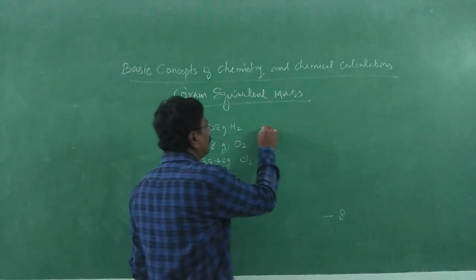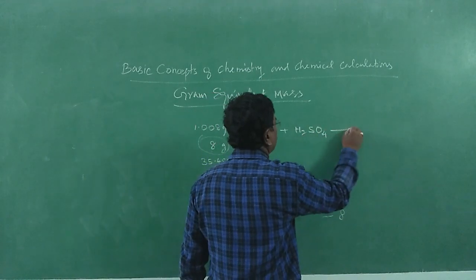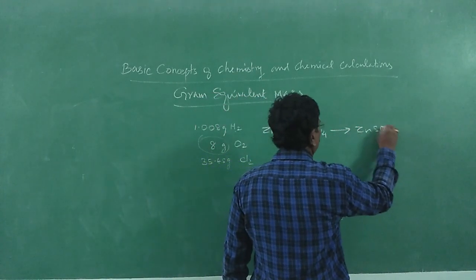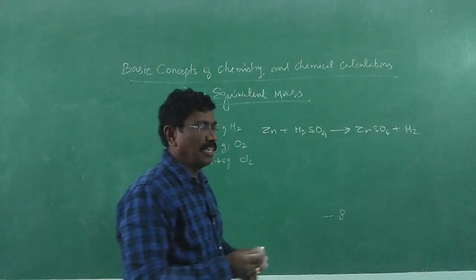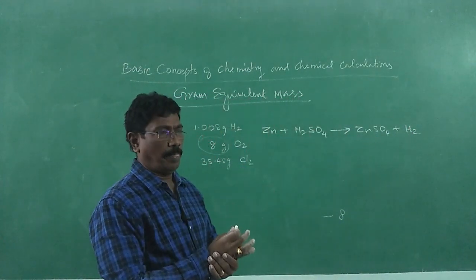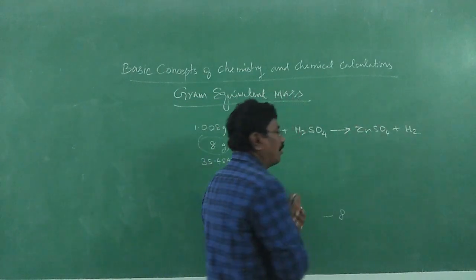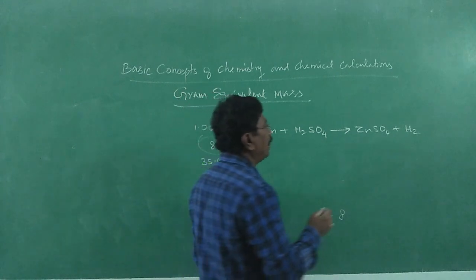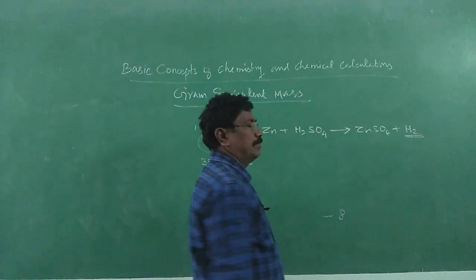Usually we do zinc, say, when made to react with sulfuric acid, you will be getting zinc sulfate and hydrogen. This is the usual reaction. Zinc displaces hydrogen from dilute acids, sulfuric acid, hydrochloric acid, any acid. Here how much hydrogen? As per the stoichiometric equation, 1 mole of hydrogen gas is liberated from 1 mole of zinc.